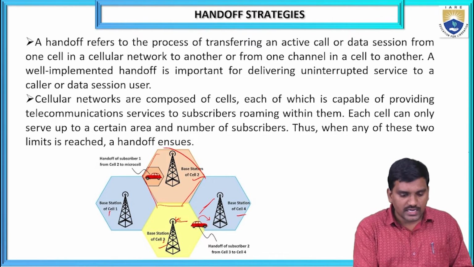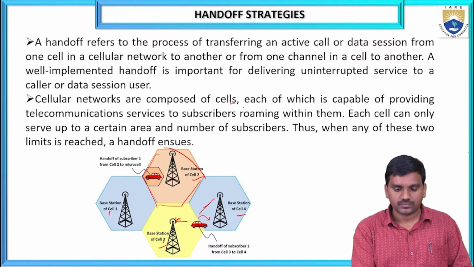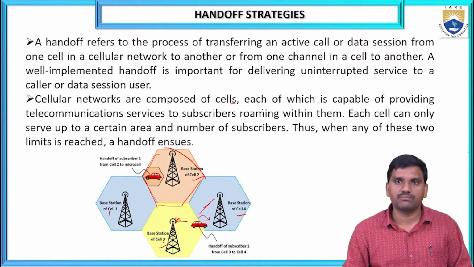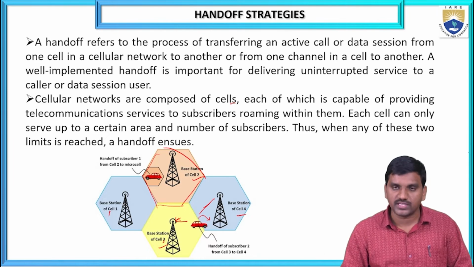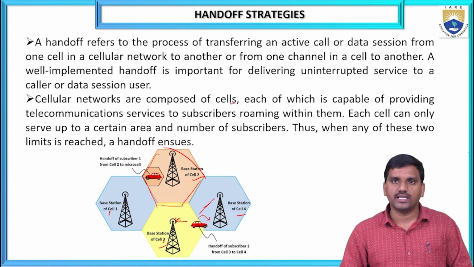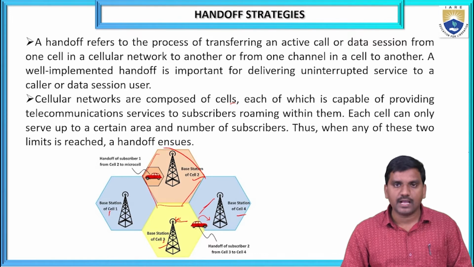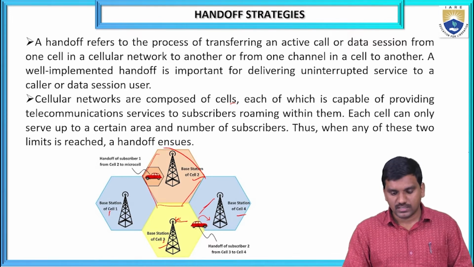Okay, so cellular networks are composed of cells, each of which is capable of providing telecommunication service to subscribers roaming within them. Each cell can only serve up to a certain area and a number of subscribers.